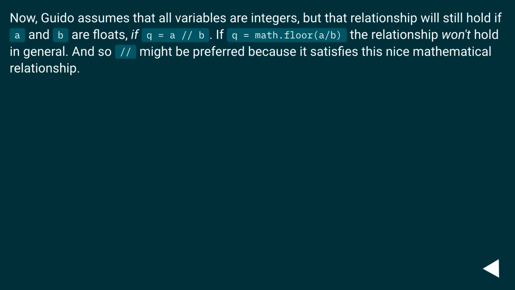Now, Guido assumes that all variables are integers, but that relationship will still hold if a and b are floats, if q equals a//b. If q equals math.floor(a/b), the relationship won't hold in general. And so // might be preferred because it satisfies this nice mathematical relationship.